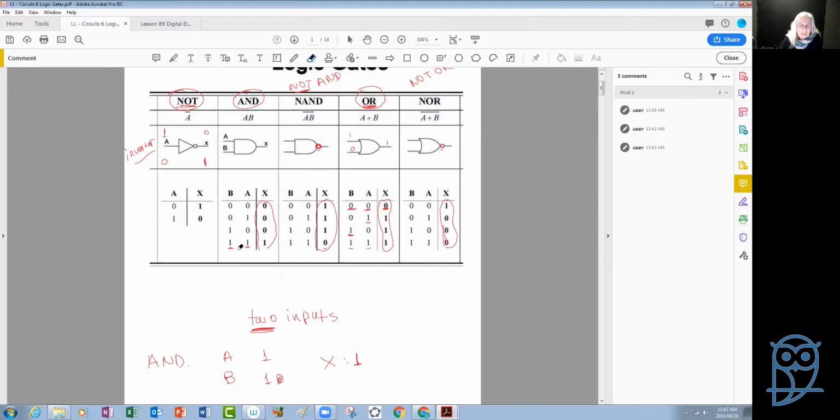And perhaps you find these logic gate diagrams strange, but remember this is not how the logic gate AND, for example, looks like. It's a circuit diagram, a circuit symbol.